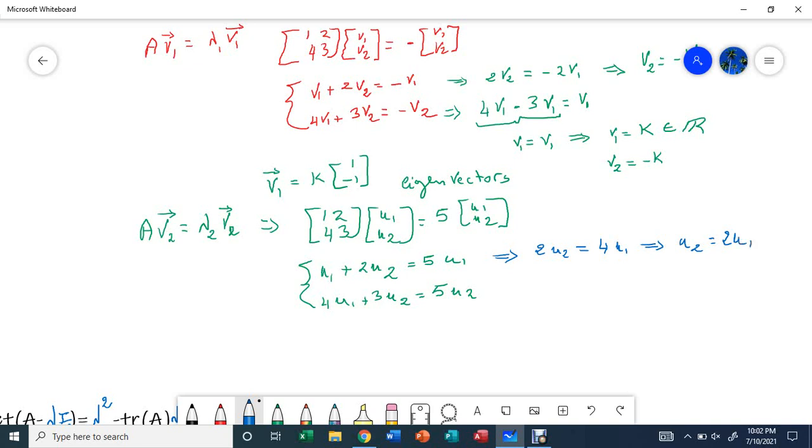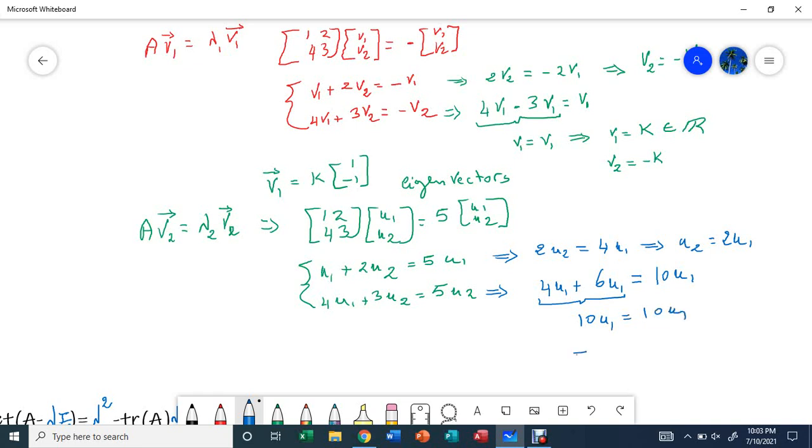Now substitute 2u1 for u2 in the second equation: 4u1 plus 3u2, which means plus 6u1, equals 5u2, which means 10u1. Combining like terms, I have 10u1 equals 10u1.